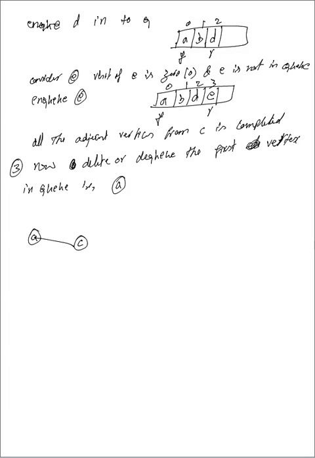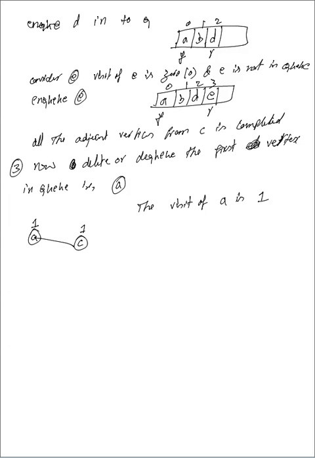Now what you have to do, after taking A, the visit of A is 1, you have to make that 1, that is important. After making that 1, C is already 1.